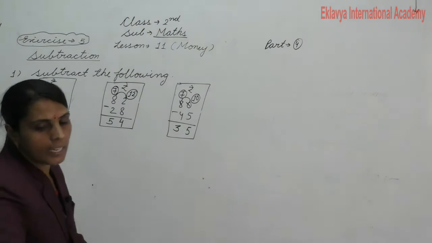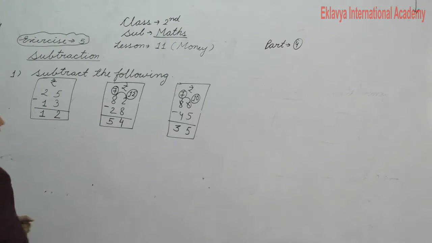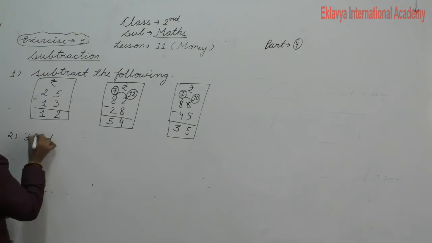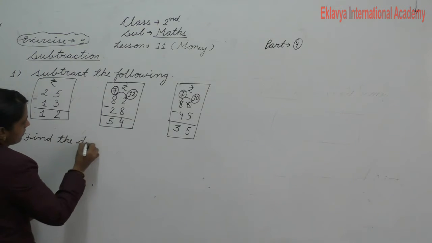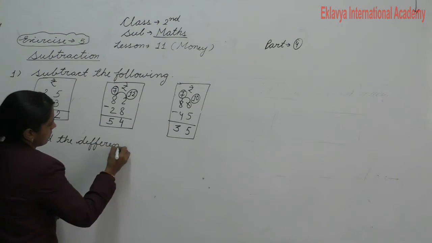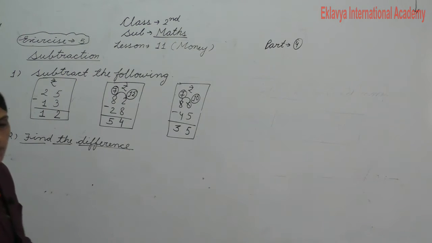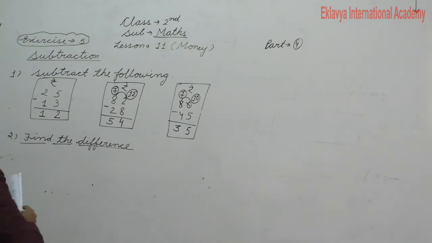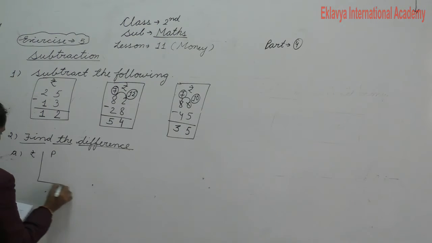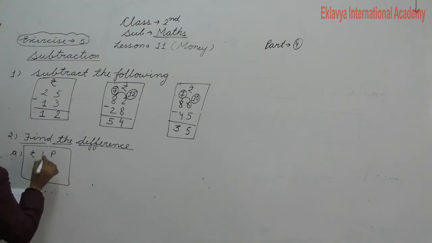Now we will take the second question, find the difference. In your book, question number 1 is given like this: 79 paise, 32 paise, 38 paise and 15 paise.